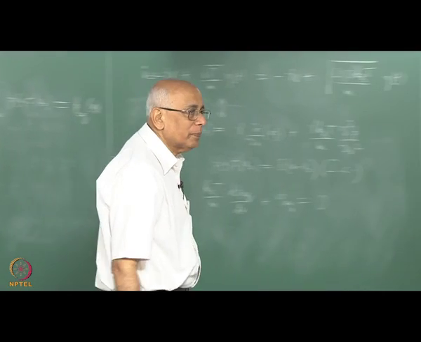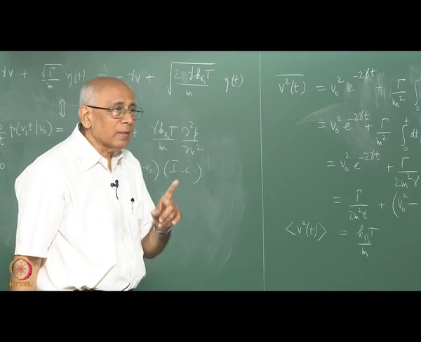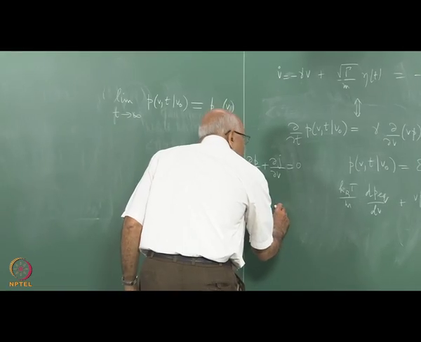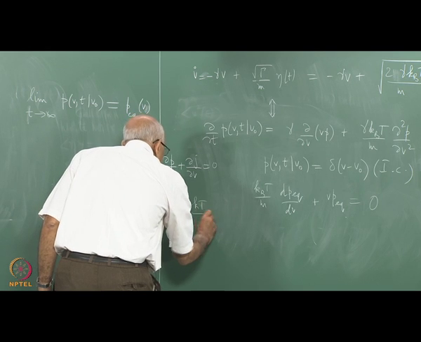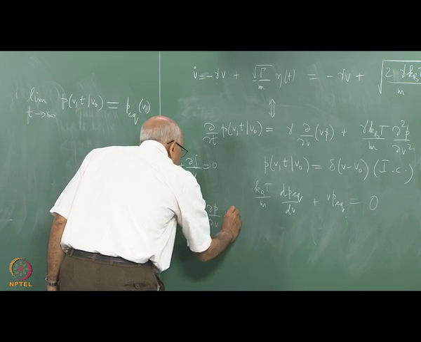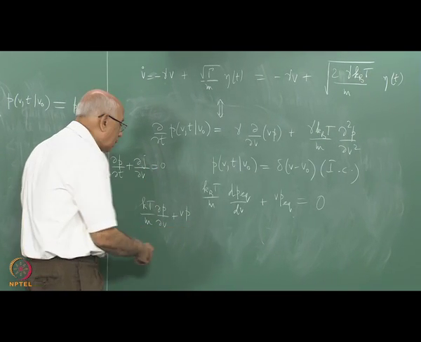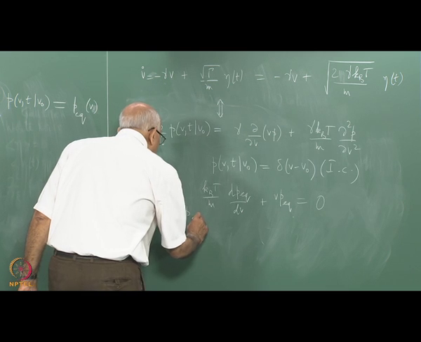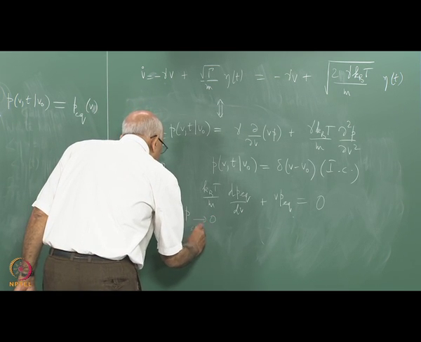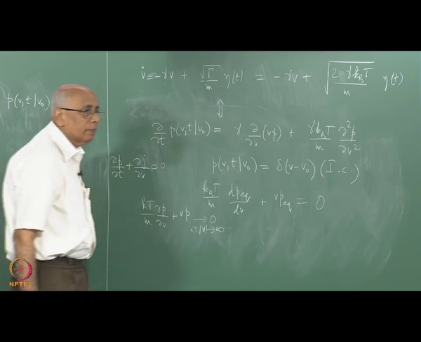Yes, the boundary condition at infinity will be such that this quantity, kT over m ∂p/∂v plus v times p, where p is the time dependent conditional density, will tend to 0 as mod v tends to infinity.